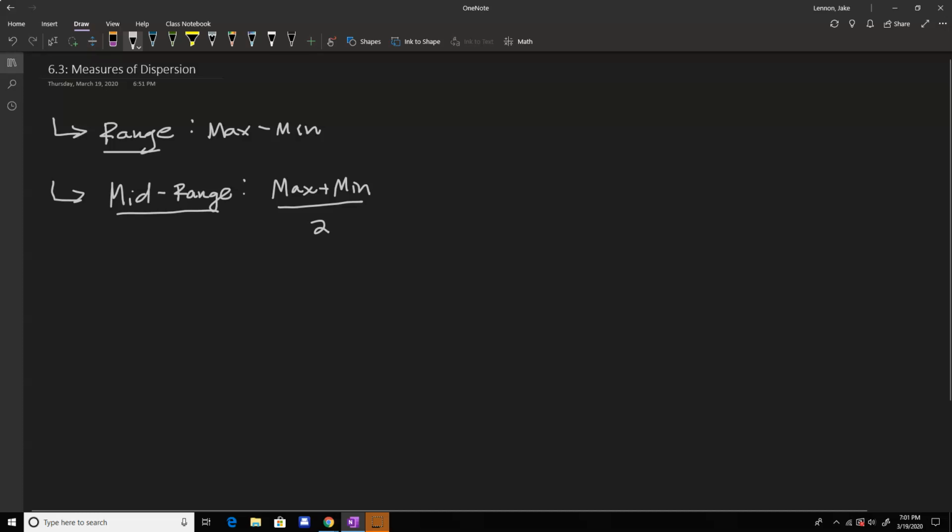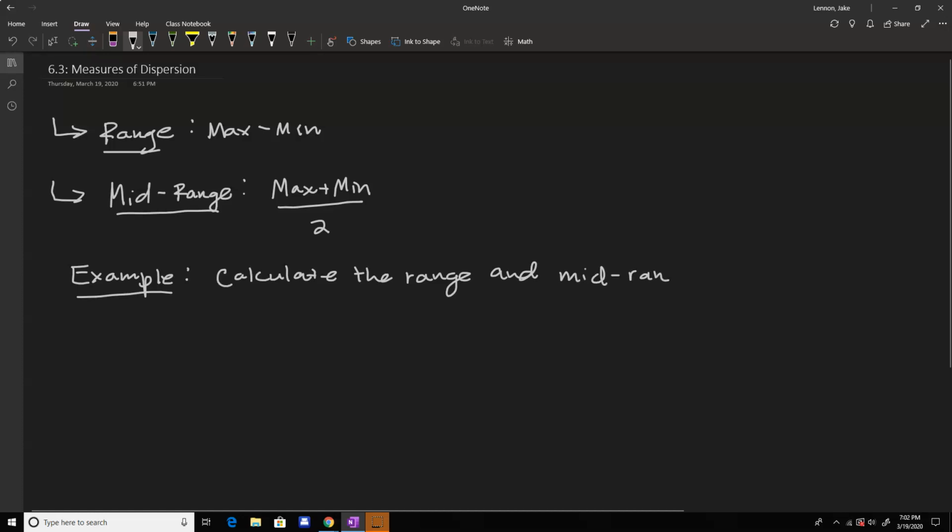So let's look at an example. Just computing these. Example, let's go ahead and calculate the range and mid-range of the following data set.